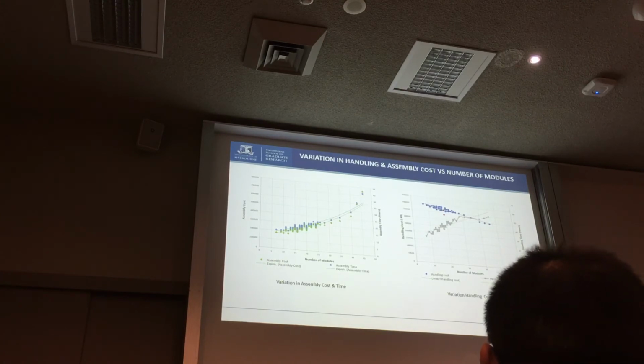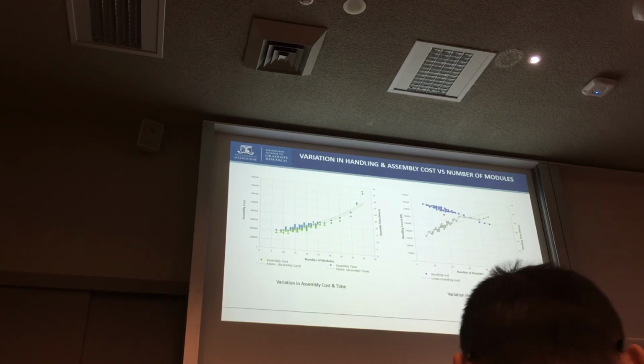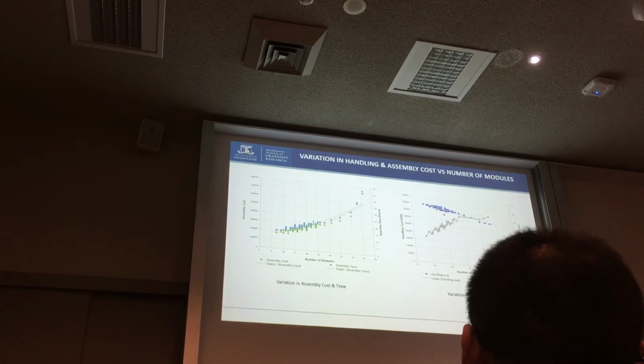And then what you can see here is the variation in assembly costs and handling costs with the varying number of modules. As you can see, assembly time and assembly cost show a positive correlation to the number of modules, and handling costs, on the other hand, show a negative correlation to the number of modules.